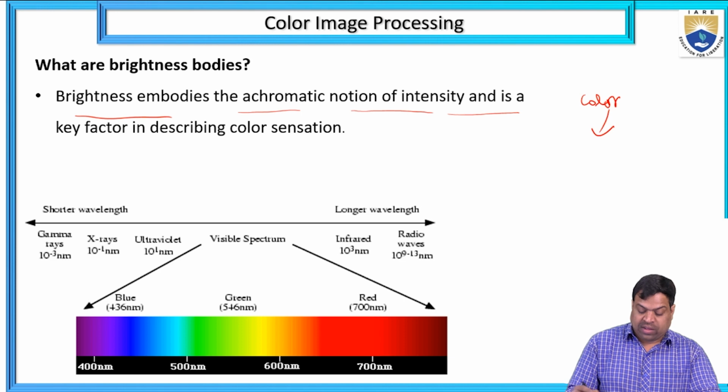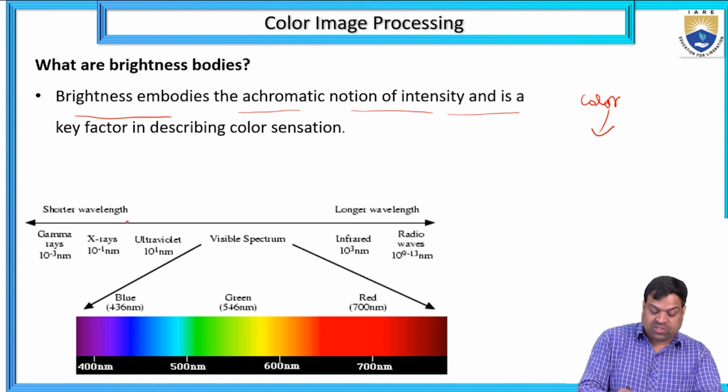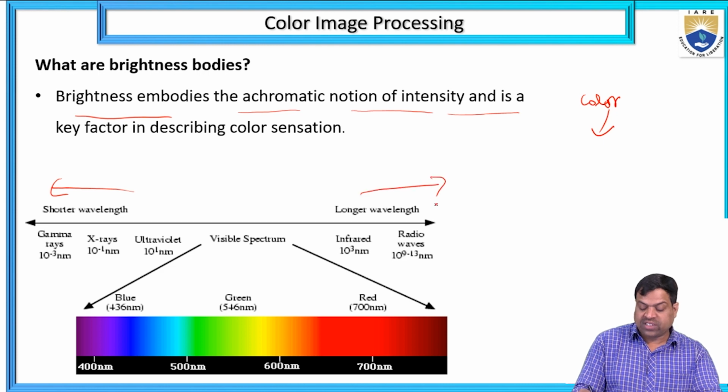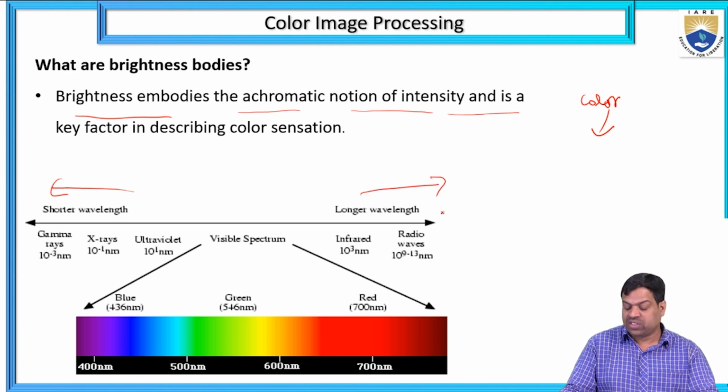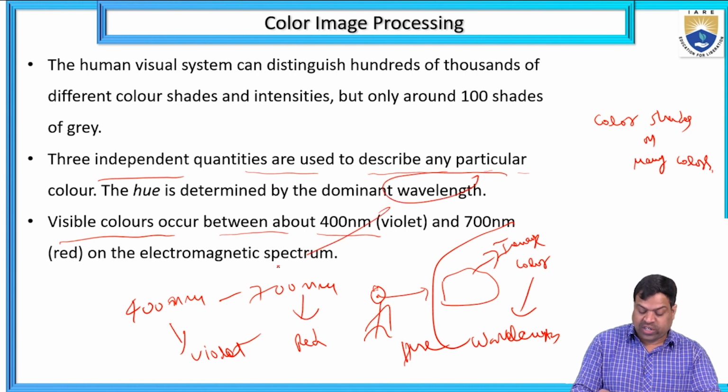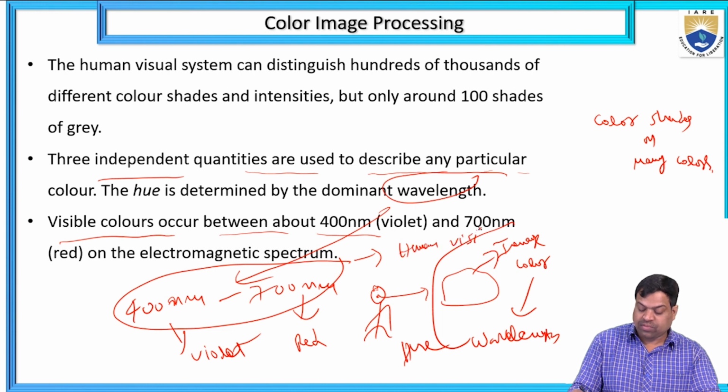Now I am taking the wavelength axis: from the left side I am taking the shortest wavelength, and on the right the longer wavelength. Previously we discussed that the wavelength range is 400 to 700 nanometer for the human visible system.